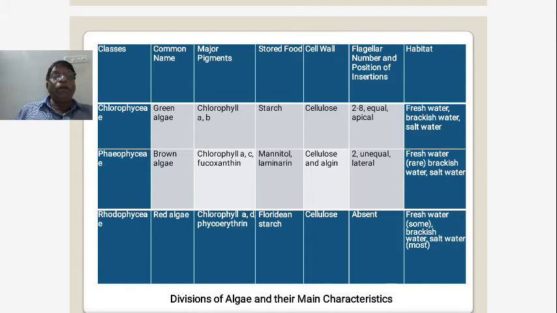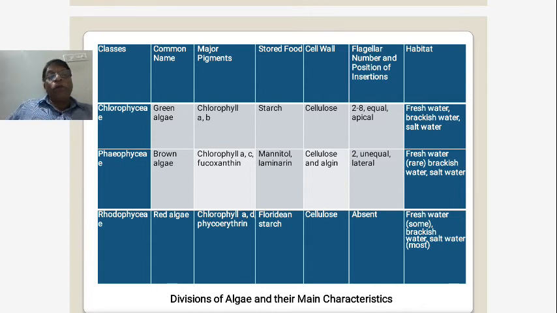Fresh water means ponds, pools, lakes, rivers, etc. Some of them are also found growing in brackish water. You know what is brackish? Brackish water means the water which contains more salts. Such water is called brackish water.